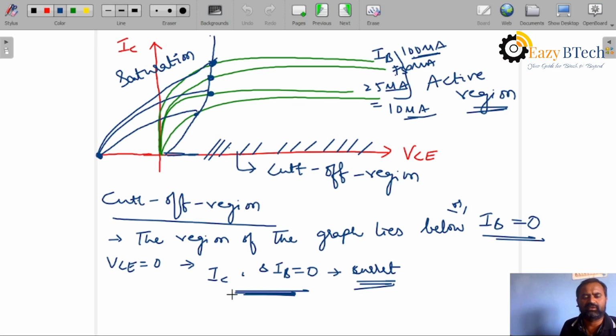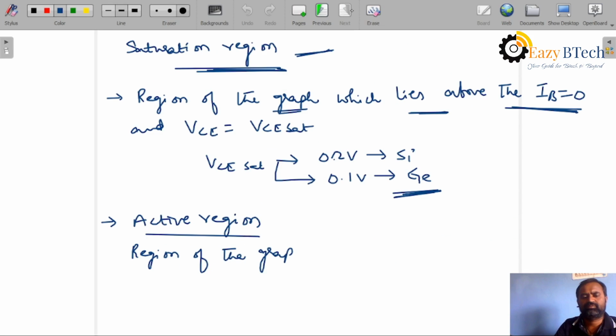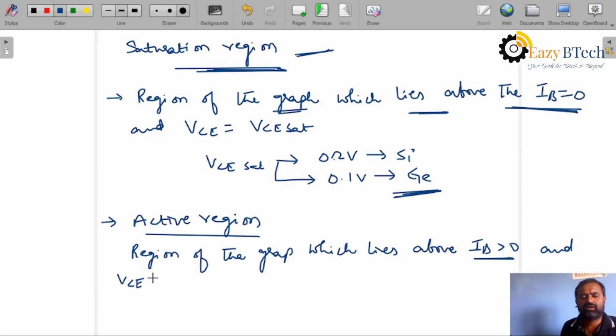In the active region, the region of the graph lies above IB greater than 0 and VCE greater than 0. This region is nothing but the active region. It means you will get a constant current.